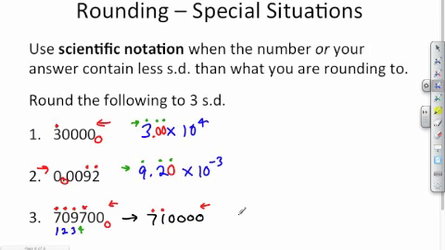So 710,000 becomes 7.1 times 10 to the 5th power. 2 significant digits, I'm going to simply add another 0. And now using Pacific rules, I have 3 significant digits. So my answer becomes 7.10 times 10 to the 5th power.